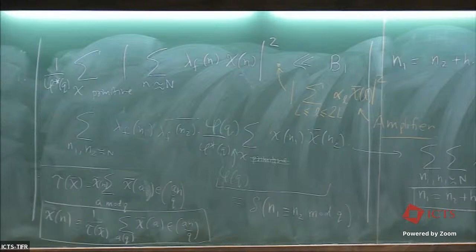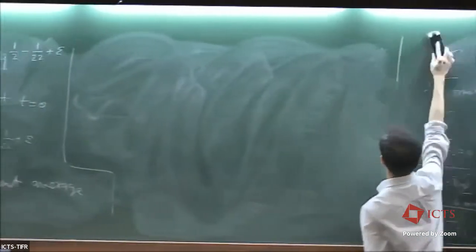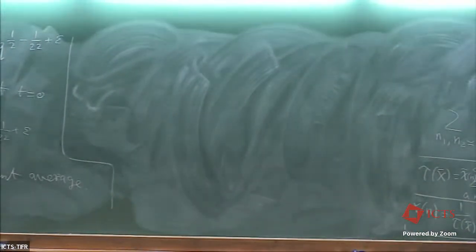Okay. So let's make a few comments about the delta symbol, because of course, we should be able to choose a nice delta symbol in order to make things work. So we have this so-called trivial delta symbol.